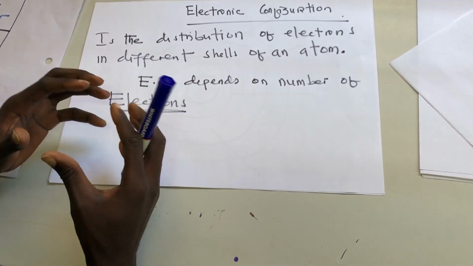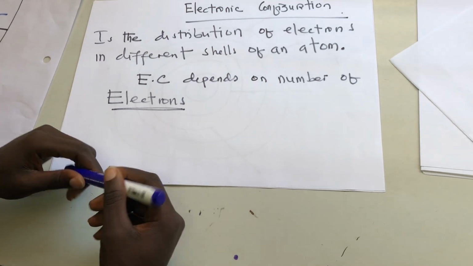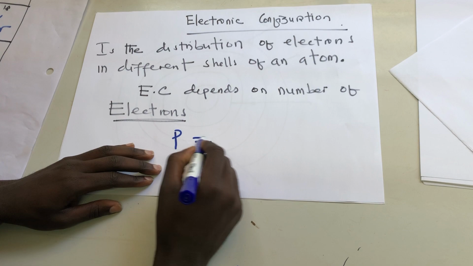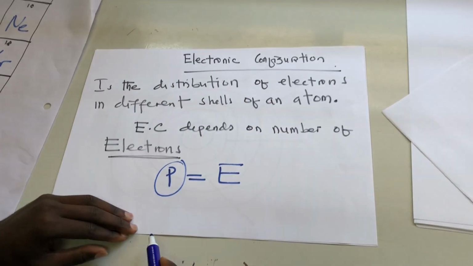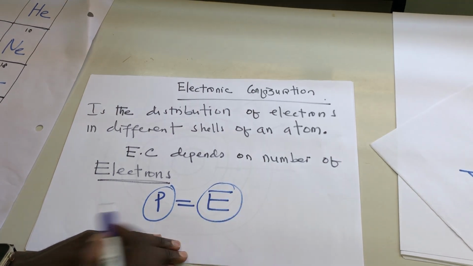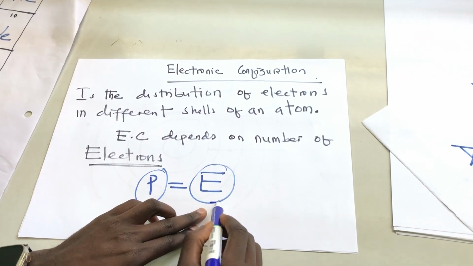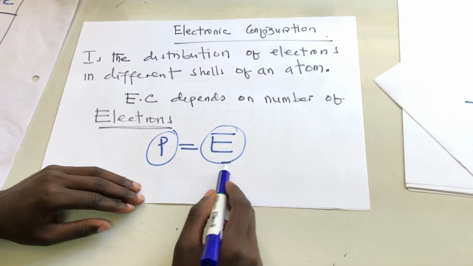But for neutral atom ambayo haija lose wala kugain electrons, number of protons huwa ni sawasawa na number of electrons. Kwa hiyo ukiweza kufahamu number of protons, itakuwa ni rahisi pia kuweza kufahamu number of electrons. Ukishakuwa na number of electrons, itakuwa ni rahisi kuweza kudraw electronic configurations.